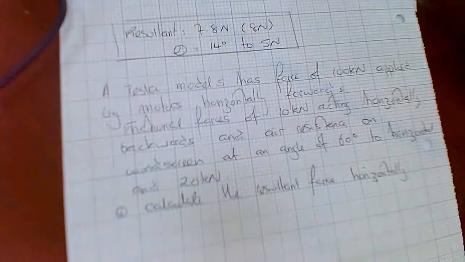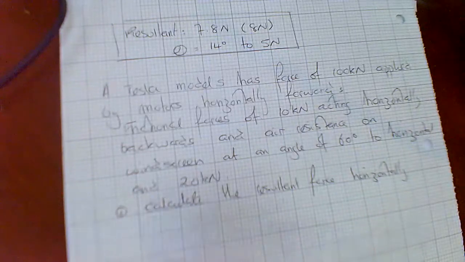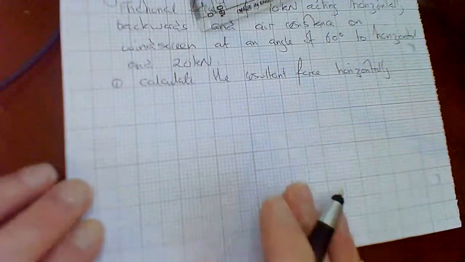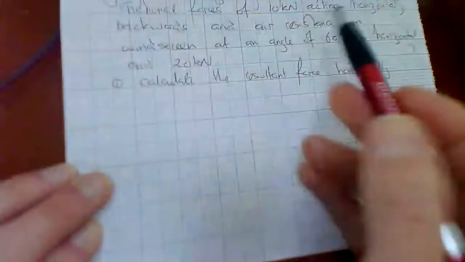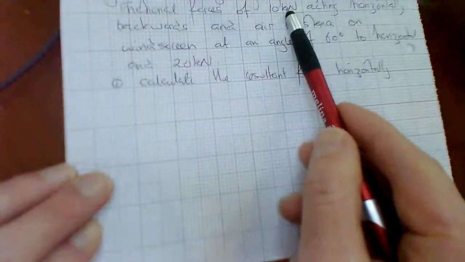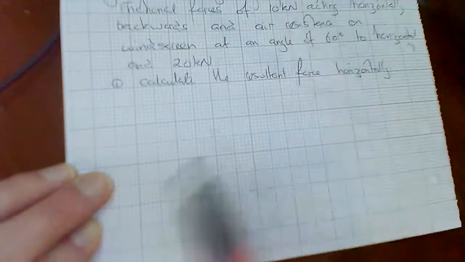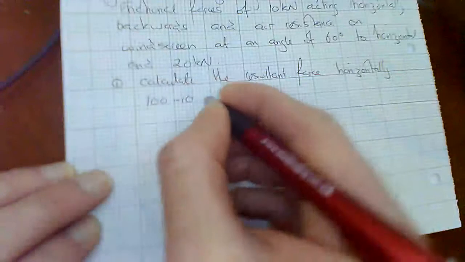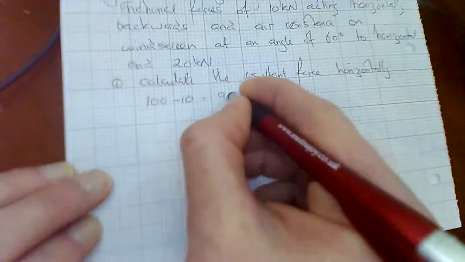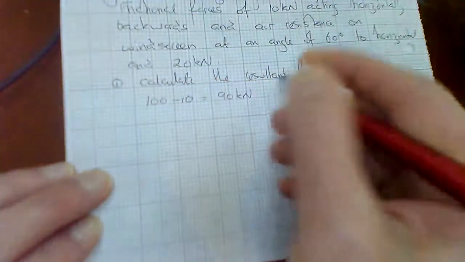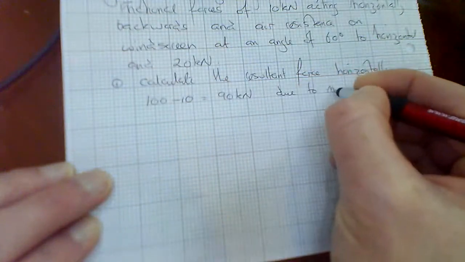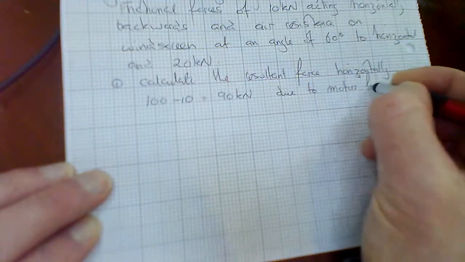So we have ten kilonewtons reducing the 100 kilonewtons that we had before. So we have 100 minus 10 is 90 kilonewtons due to the motors and friction.